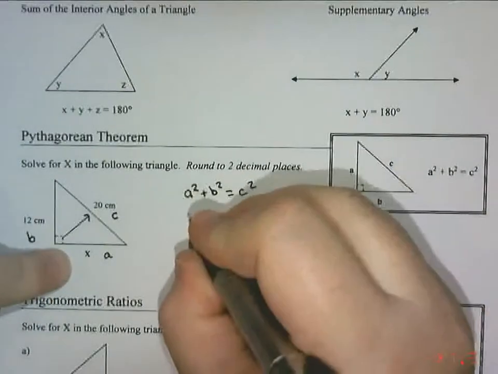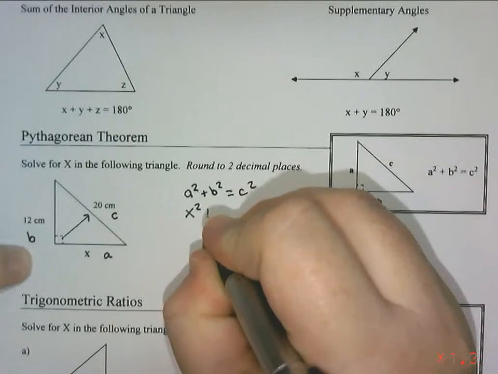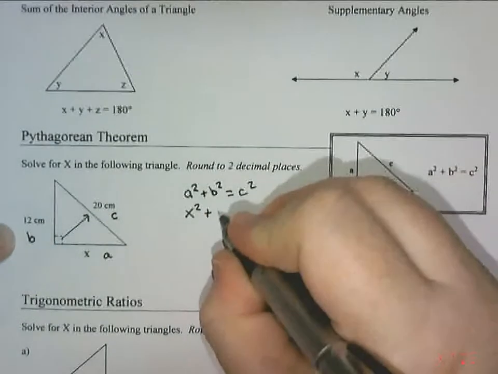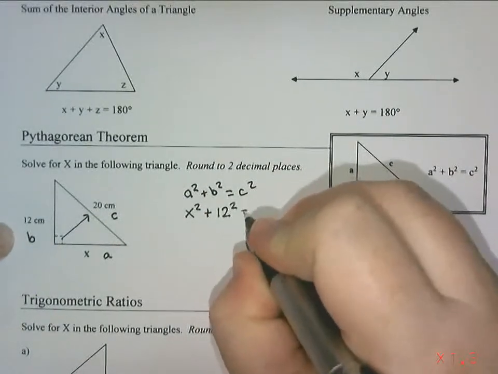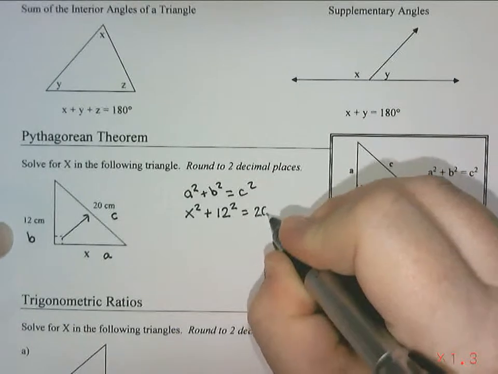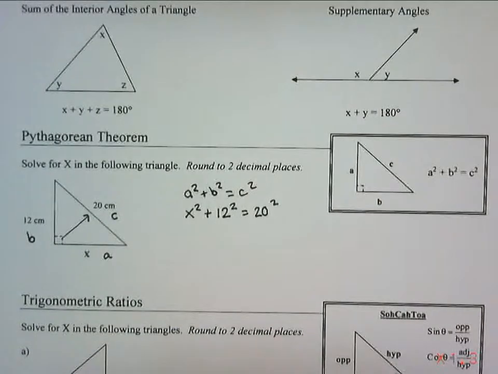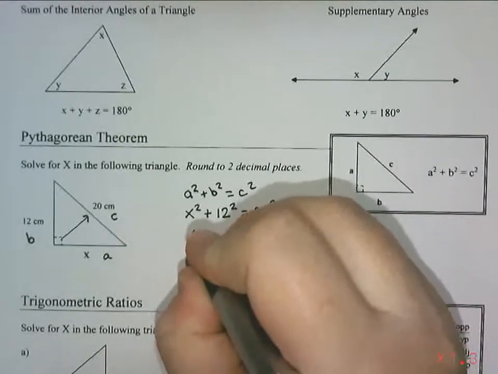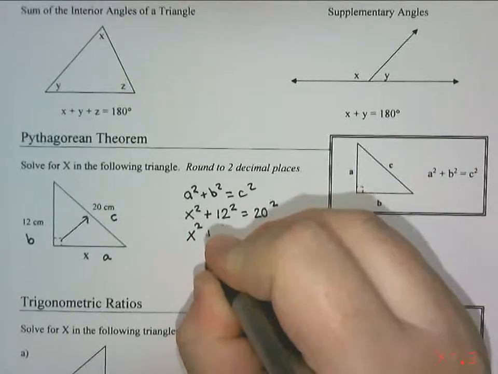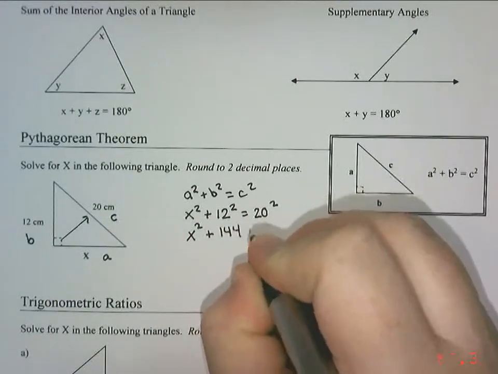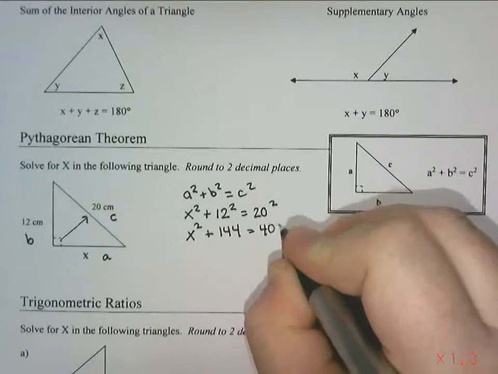So a, I'm going to use x squared, b, I'm going to use 12 squared, and c is going to be 20 squared. So 12 squared is 144, and 20 squared is 400. So x squared plus 144 equals 400.